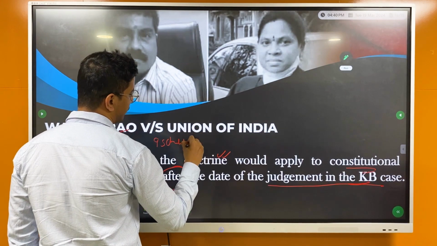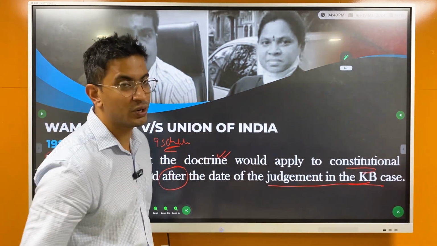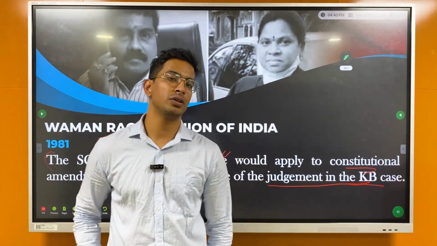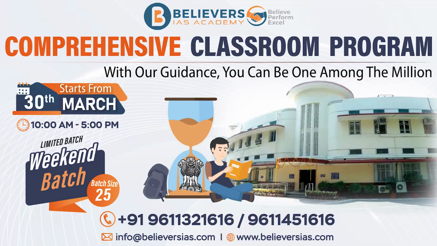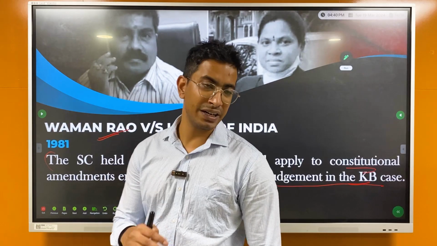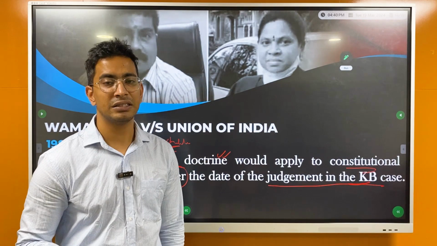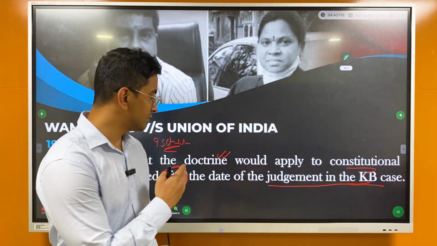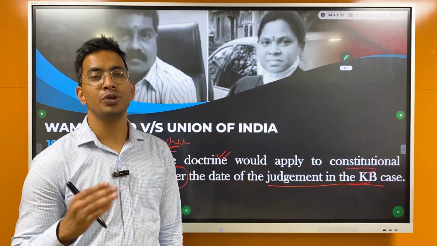We saw that there were many laws which were put in this 9 schedule, and all the laws which were inserted in this 9 schedule were free from judicial review. So the court said, okay, whatever you have done before 1973, since we didn't have this basic structure, those are immune. But anything after basic structure when it came into being, the Keshwananda Bharti case, any law which are placed under this 9th schedule are open to judicial review.